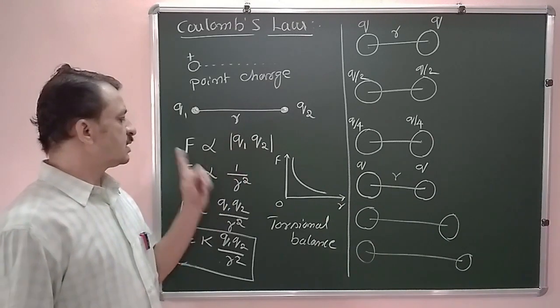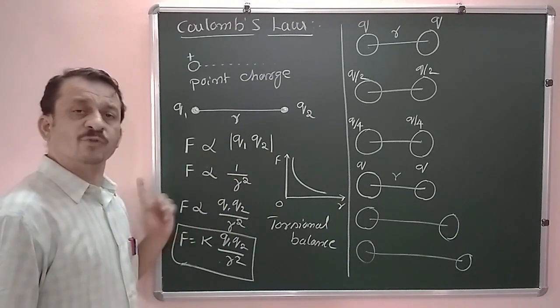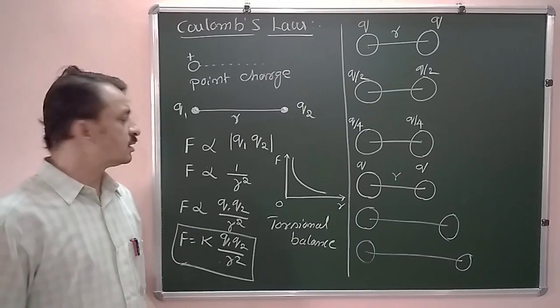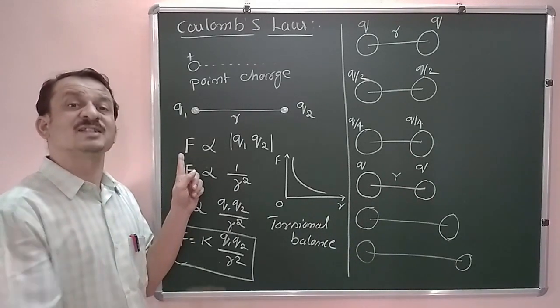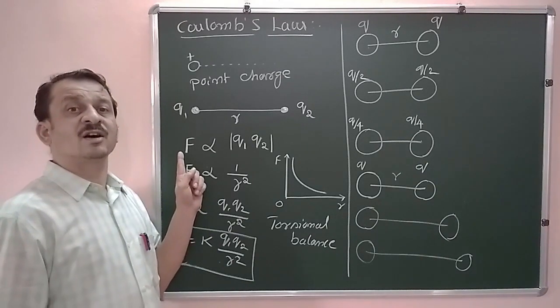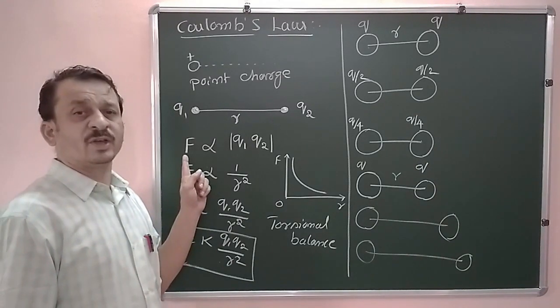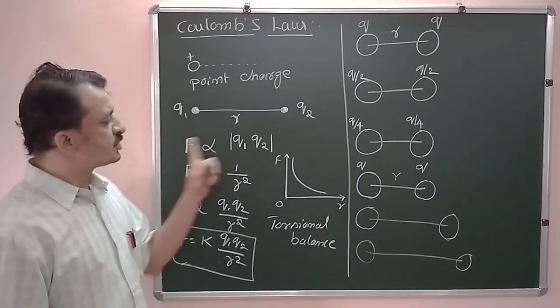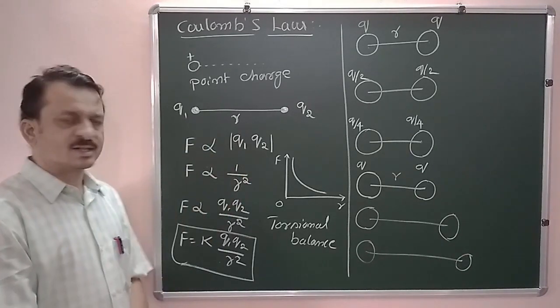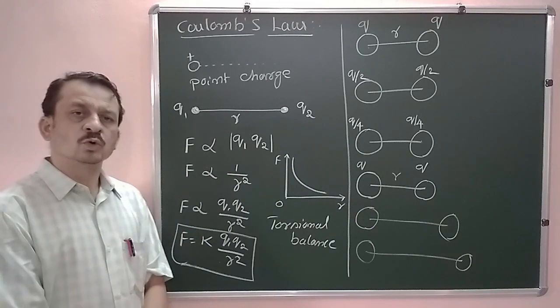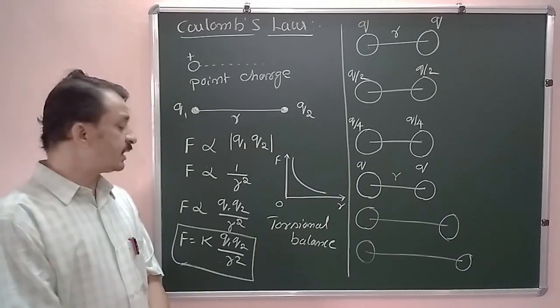and found the relation among the charges, the distance, and the force, and concludes that the magnitude of the electrostatic force between 2 point charges placed in air or vacuum medium is directly proportional to the product of the magnitude of the 2 charges and inversely proportional to the square of the distance between them.